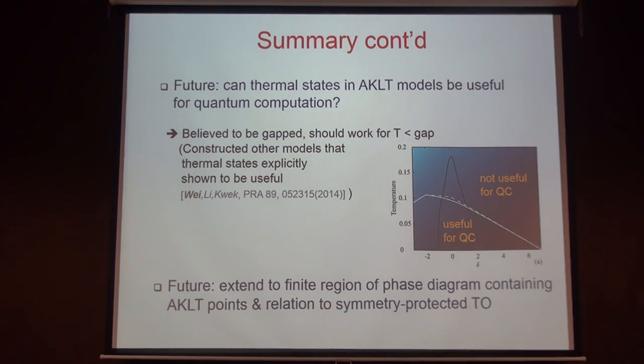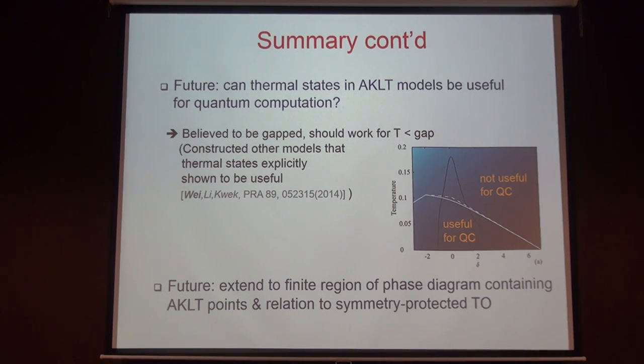There are also some questions you could ask. Could I deform the AKLT model slightly and still do quantum computation, or even at some finite temperature, where the thermal state can be useful? We don't have any result on that, but we constructed a toy model that demonstrates there is some notion of transition in quantum computational power, and that's the phase diagram.